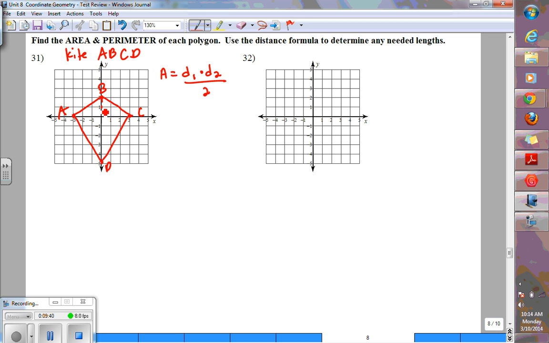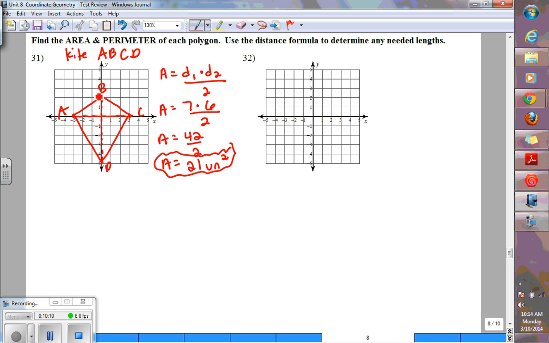Let's find our diagonals. You can just count the diagonals here. I won't have to use the distance formula. So 1, 2, 3, 4, 5, 6, 7. Another diagonal. 1, 2, 3, 4, 5, 6. 7 times 6 is 42. And 42 divided by 2 is 21 units squared, since we're dealing with area.